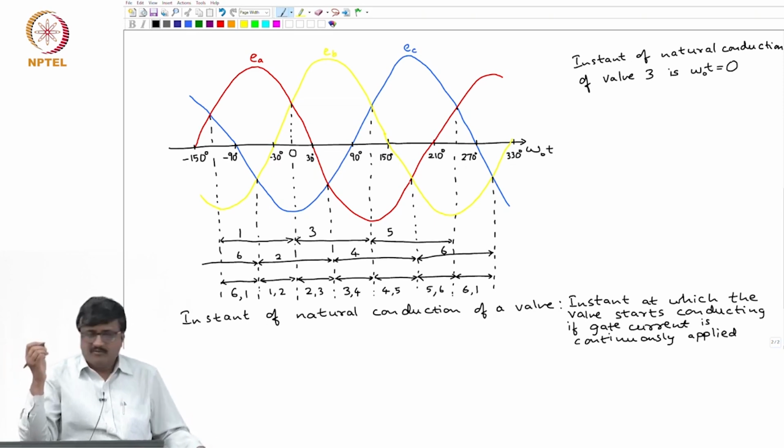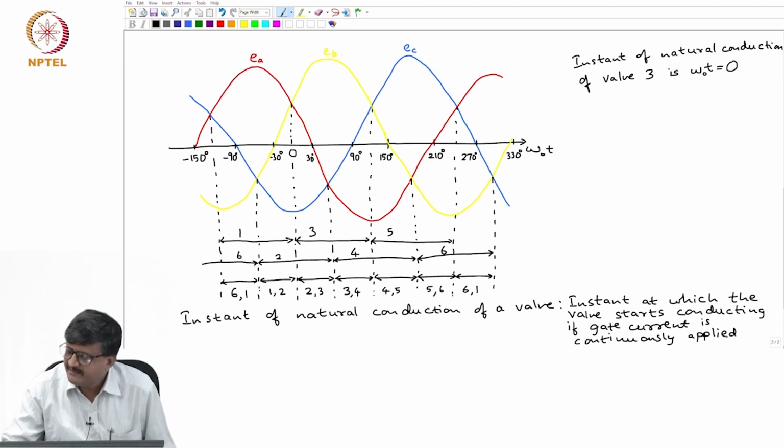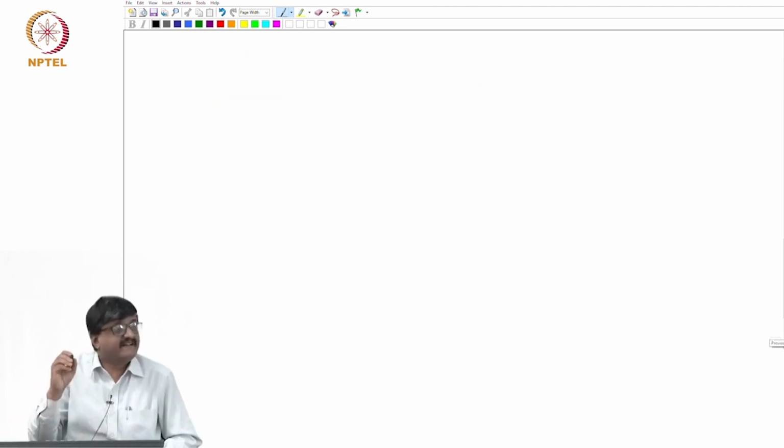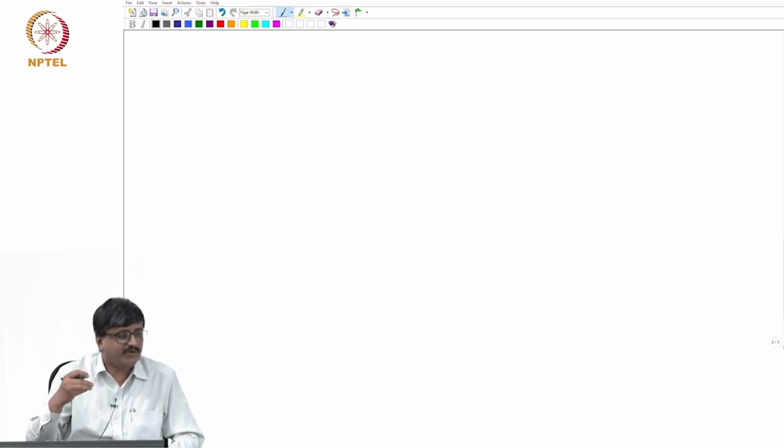Okay. So, what is actually done is neither continuous gate current nor gate pulses to achieve diode operation. We want to have control.